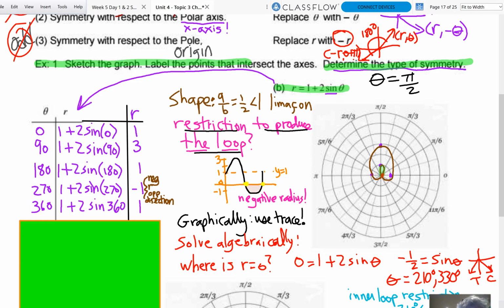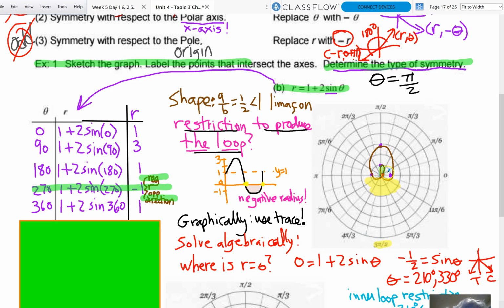Notice that when I plug 270 in, I get a negative r value. Notice on my polar graph, there's really nothing here. Well, why is that if I'm here at 270? Because it's negative r. Negative r takes you in the opposite direction.